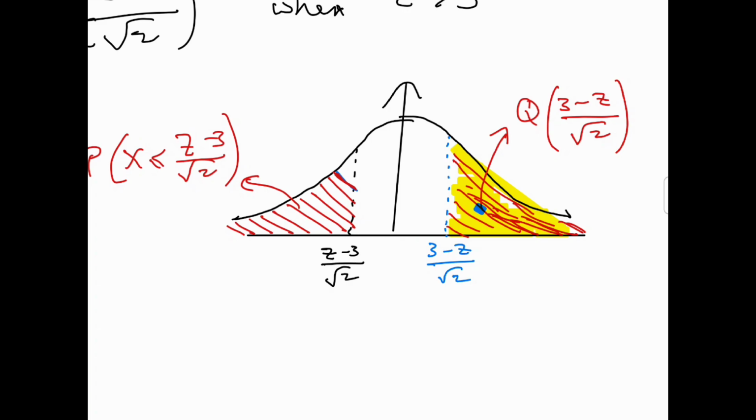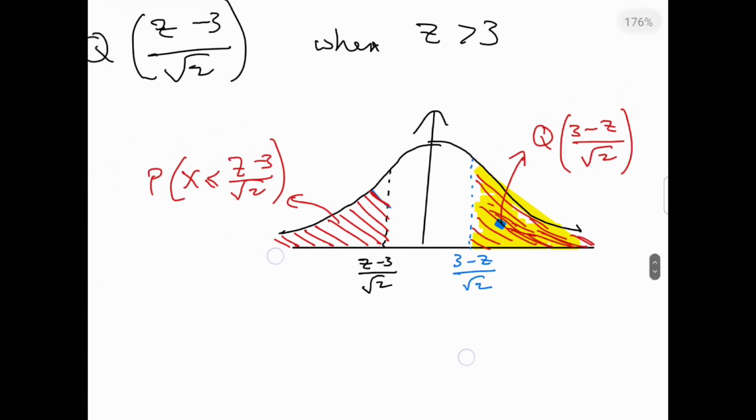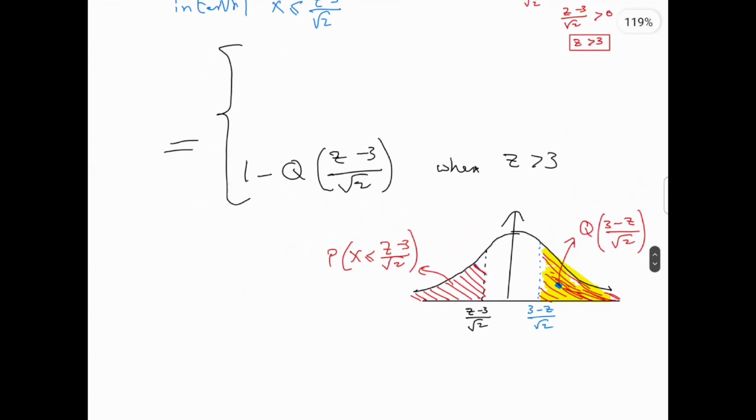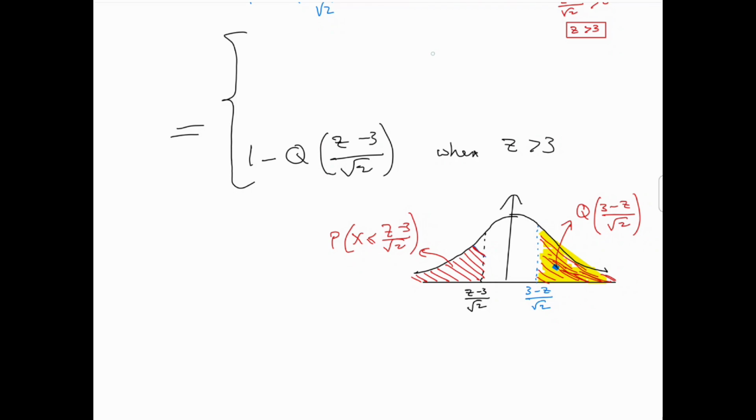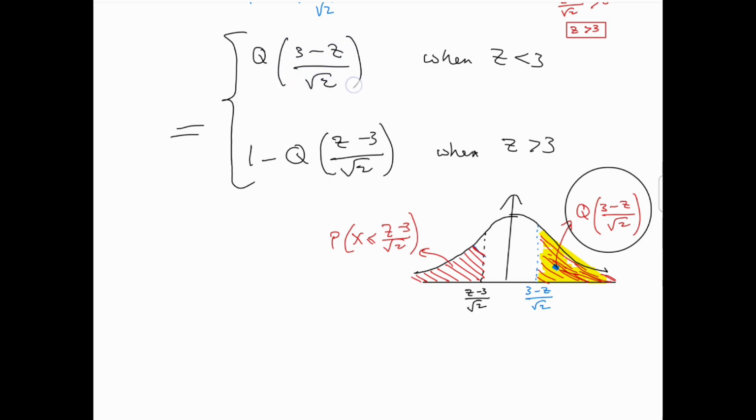Of course, in this case, z must be less than 3. So when z is less than 3, the distribution function F is equal to Q of 3 minus z divided by root 2. And that covers all the interval from minus infinity to infinity.